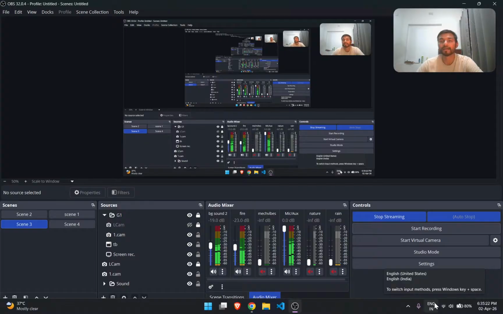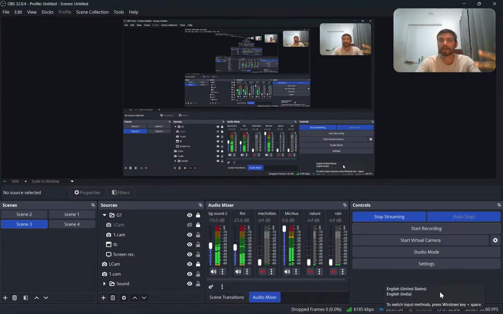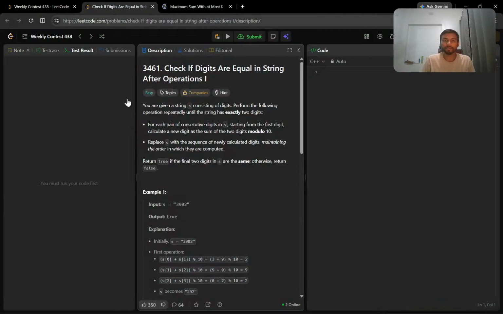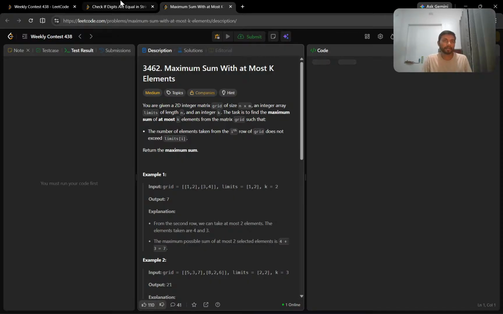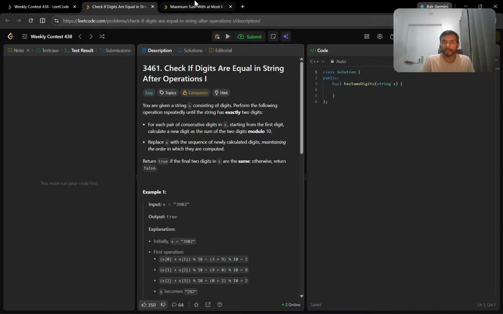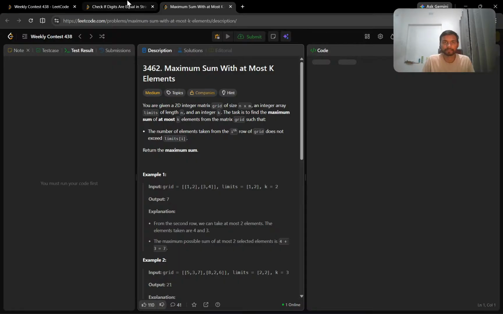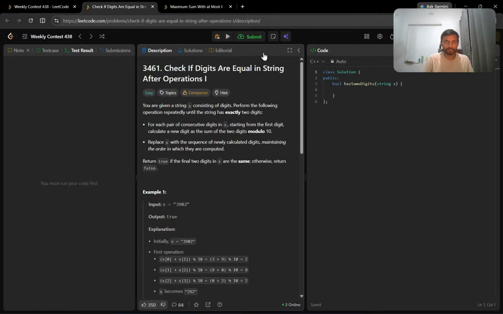The part of thinking of the approach and converting it into a code solution is the art that I need to work on. So that's what I'm going to try to do here. Of course, it requires a little practice. So yeah, let's begin.